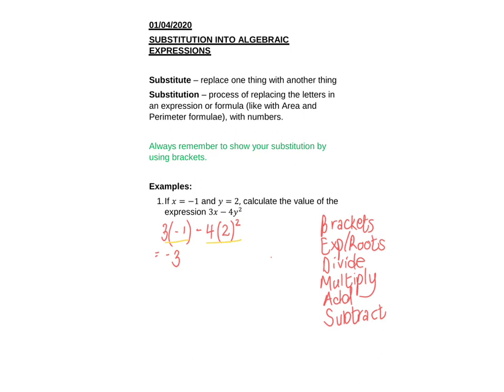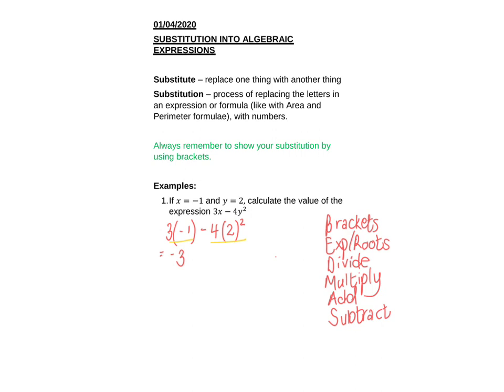So it becomes -4, remains -4. And then 2 squared gives you the result of 4. And now we have fully simplified this part, but then we still have to say 4 times 4 over here, and that is 16. So the calculation becomes -3 minus 16, and -3 minus 16 more gives you -19.